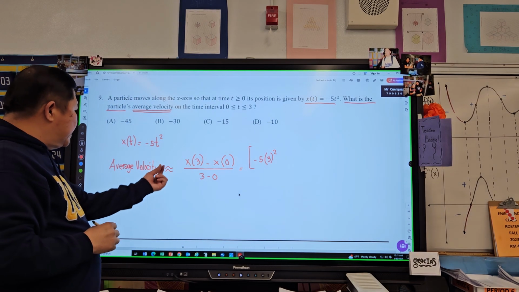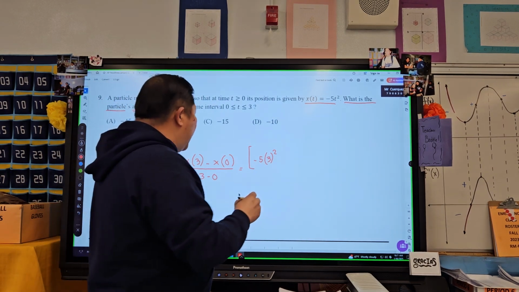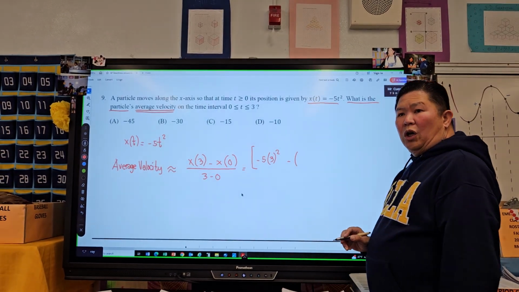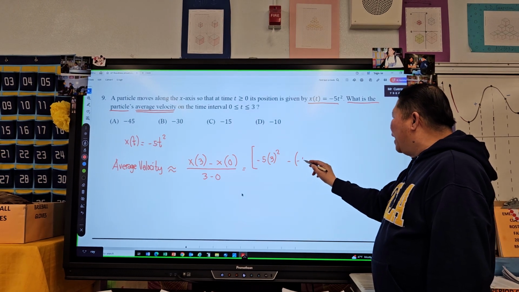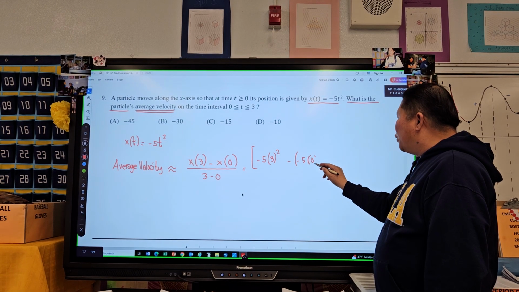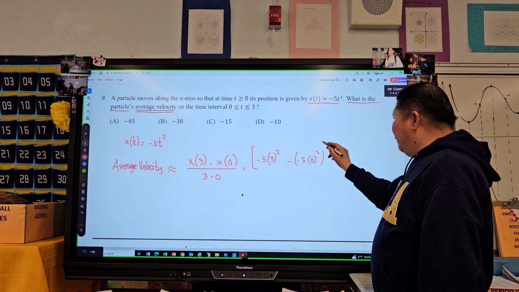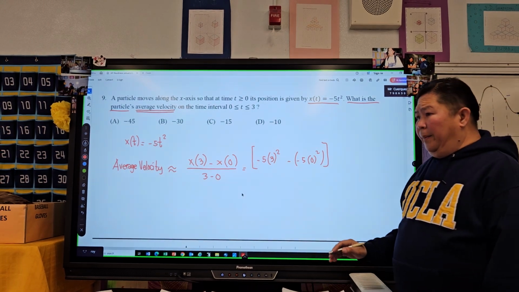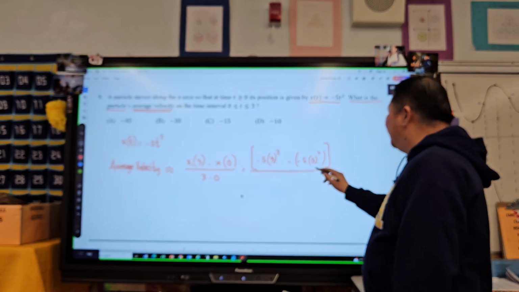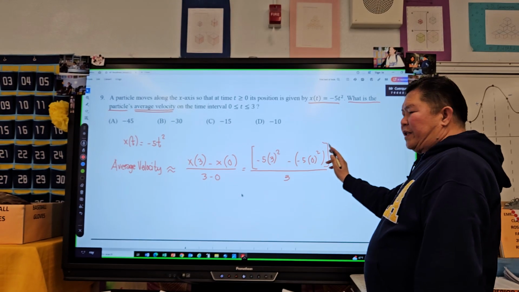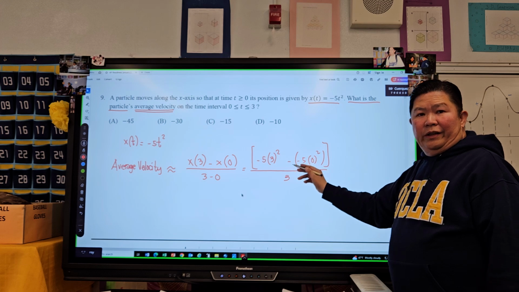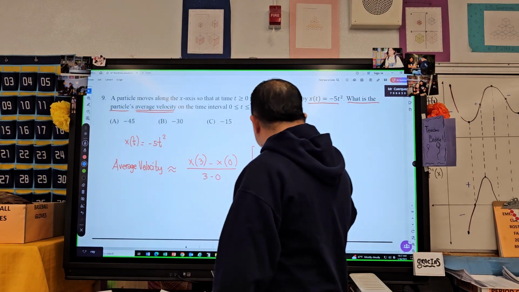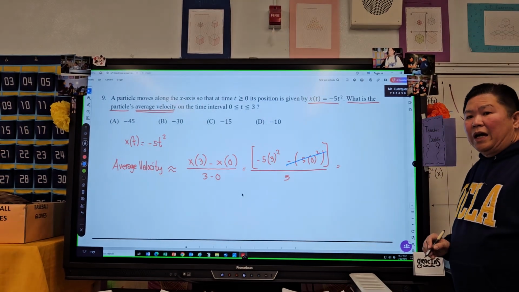So this is the x of 3, and then minus the x of 0. So we say negative 5 times 0 squared, over 3. But what is this? It's gonna be 0, so can I just cross this out?